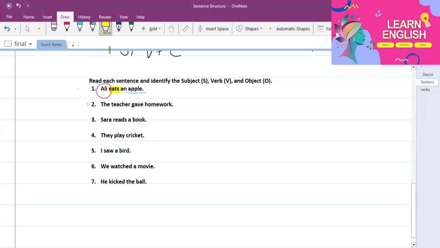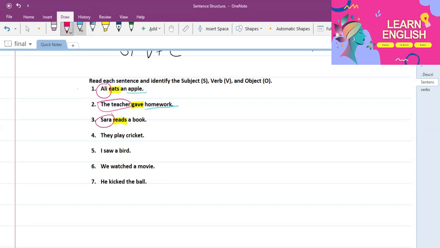In sentence number 2, the teacher gave homework. The teacher is a subject. Gave is verb. And homework is an object. Let's move on to sentence number 3. Sarah reads a book. I will first identify the verb. Reads is a verb. Sarah is the doer.